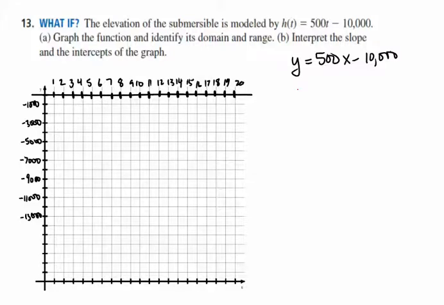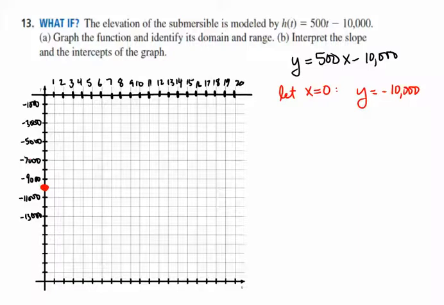And so what we're going to do is let x or t equal 0 in this case. You can see that when x is equal to 0, we get y is equal to negative 10,000. And again, y and h of t really mean the same thing in this case. So we're going to start off at 10,000 feet below.